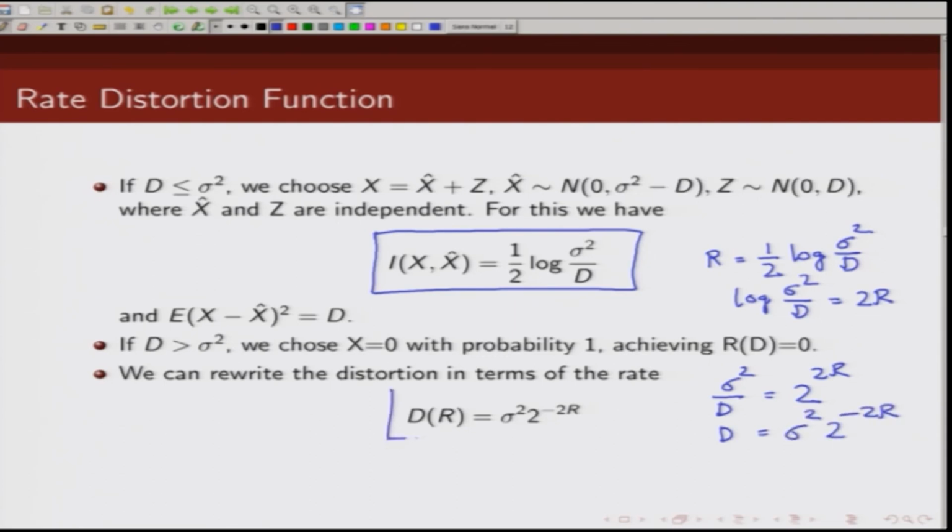So I can write distortion in terms of rate, and you can see if rate increases, then distortion decreases, and that makes sense. If we are using more bits to represent a quantity, our distortion is going to decrease.